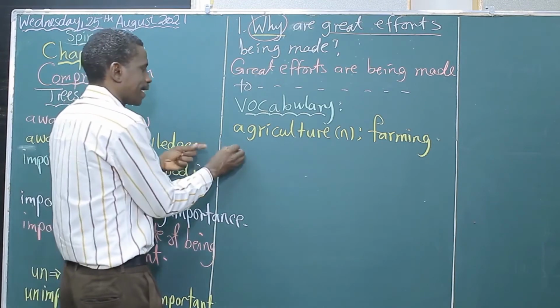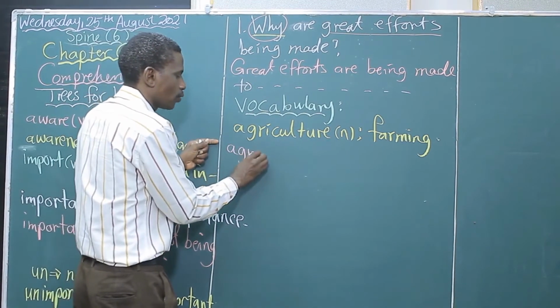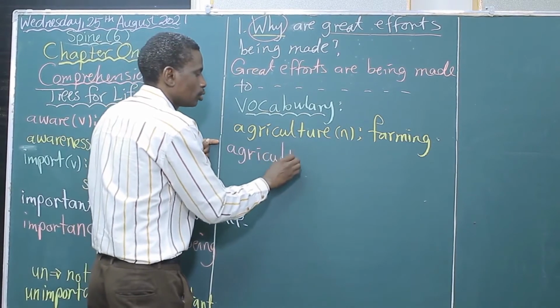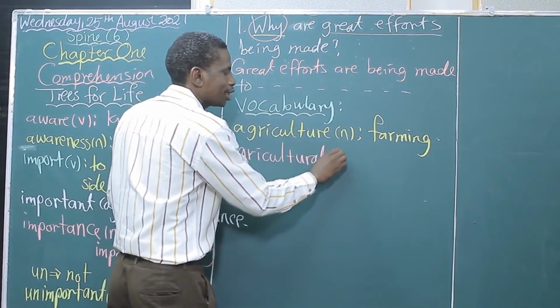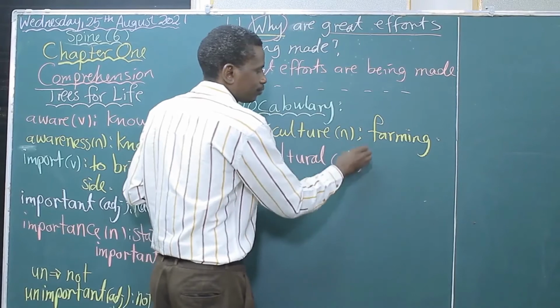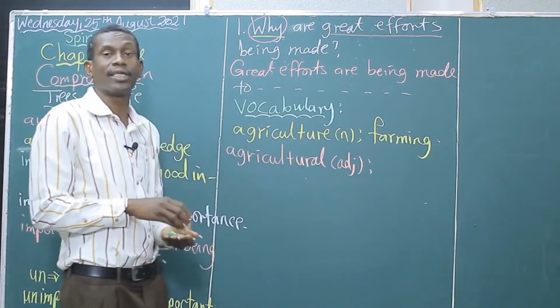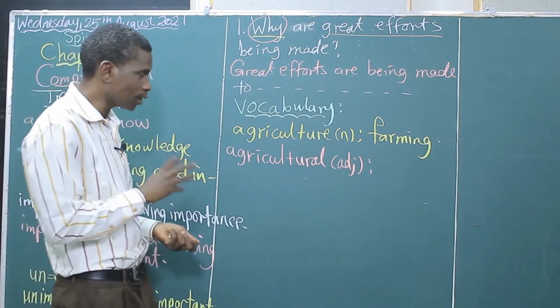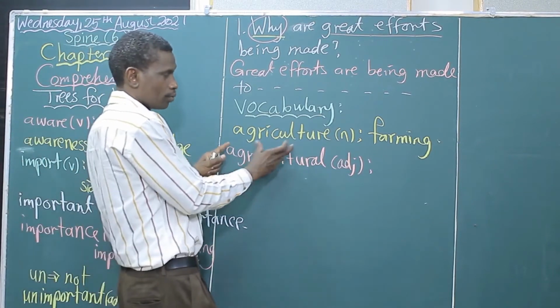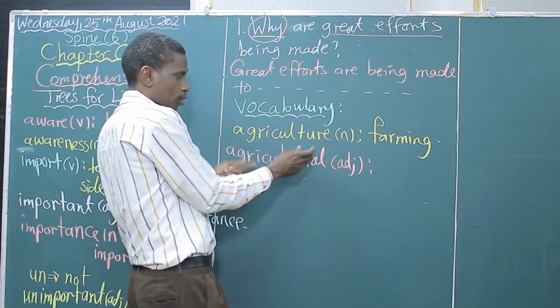Look at this word, agricultural. Agricultural is an adjective, and agriculture is a noun. Agricultural is an adjective that comes from the word agriculture.